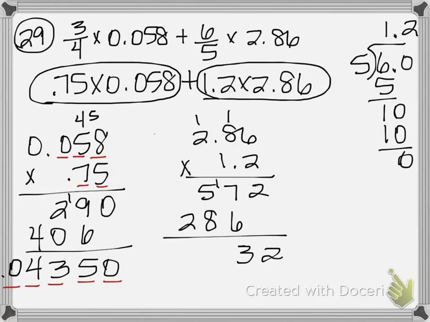So it'd be 6 and 8, so 17, so 3. And now, how many decimal places? Well, I have 1, 2, 3 decimal places in my problem. So I need 3 decimal places in my answer. So that's going to give me 3.732. Now remember, we have to add these together.